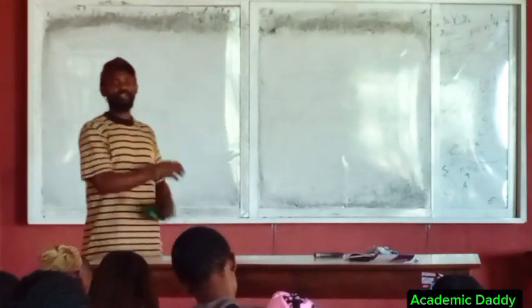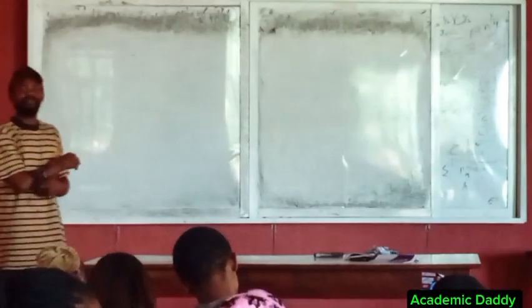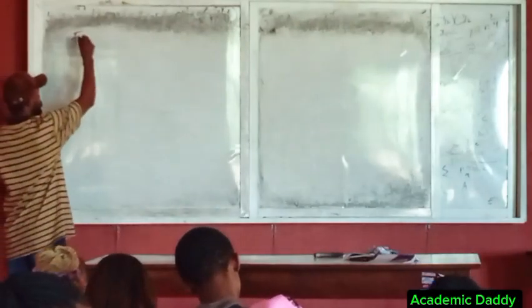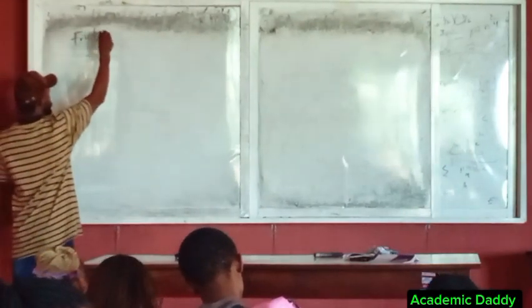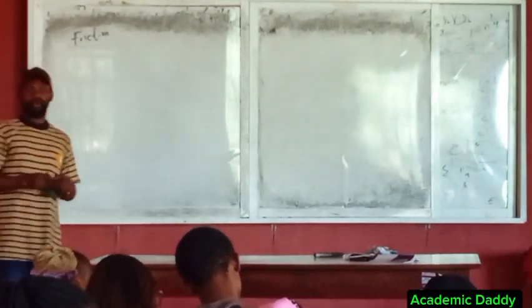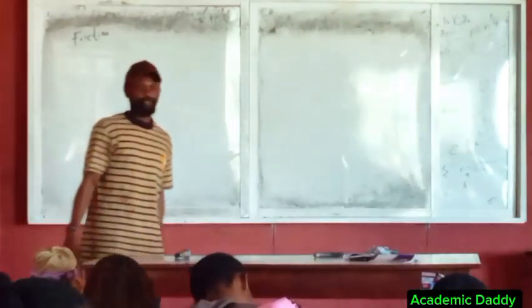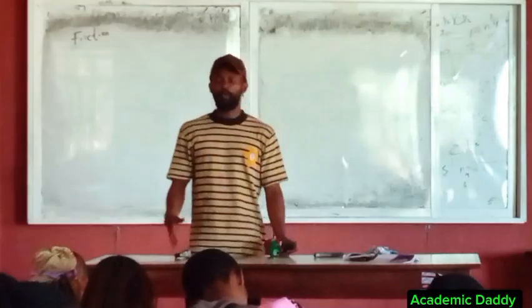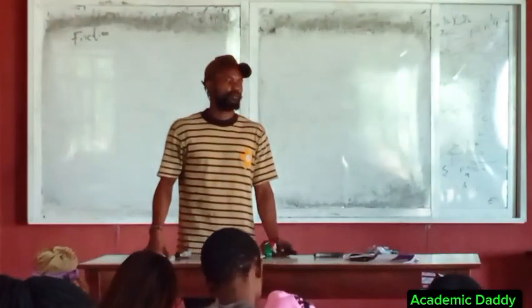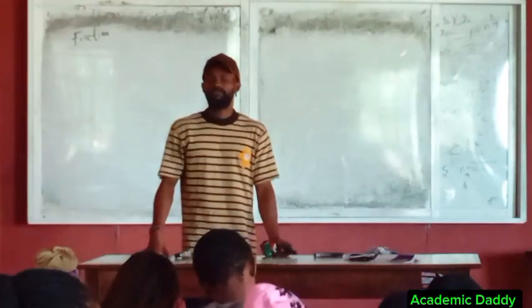I said it's defined as opposing force or resisting force to motion. We can also say that friction is the force opposing motion. Force in the negative direction is known as friction. So there are so many ways you can define it.